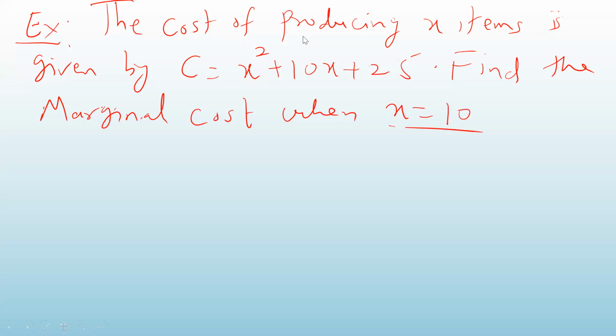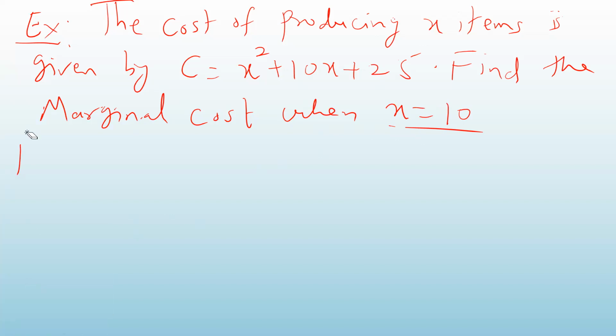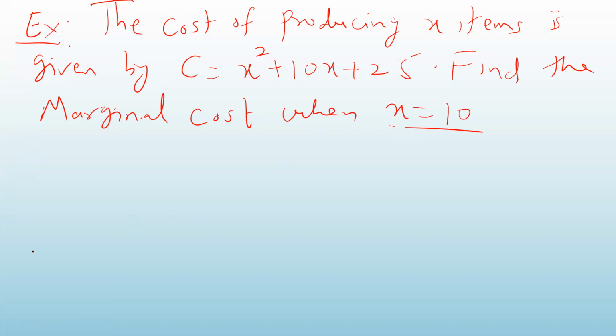Okay. So the cost of producing X items is given by this. You have to find out what is the marginal cost when 10 items are produced. So when X is equal to 10. So how will you do this? You know that marginal cost is derivative of C with respect to X. So first of all, we will find out the marginal cost function.